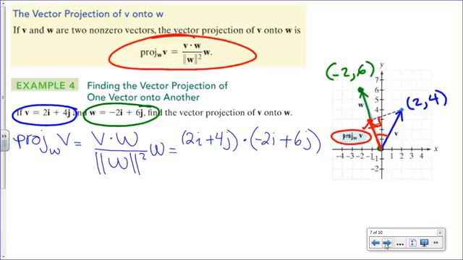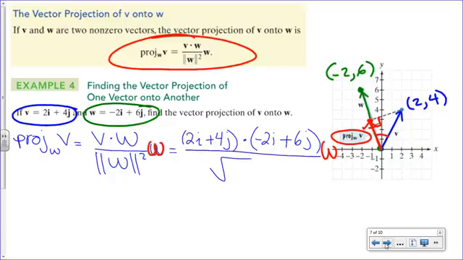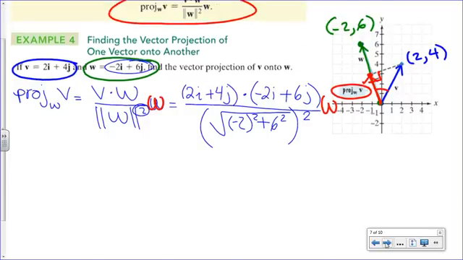And don't forget we have here vector W. So I'm just going to make note of that here. And on the bottom, remember the magnitude is the square root. We use Pythagorean theorem, so we will need negative 2 squared plus 6 squared. And don't forget, we're squaring the magnitude, so we need a square here. And that's actually very convenient because the square is going to cancel the square root.